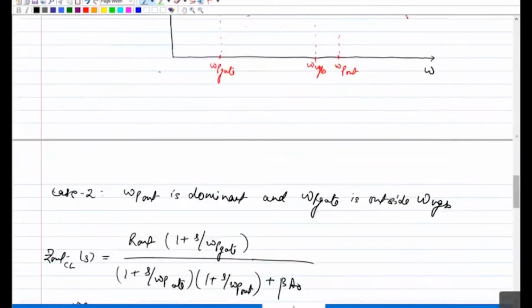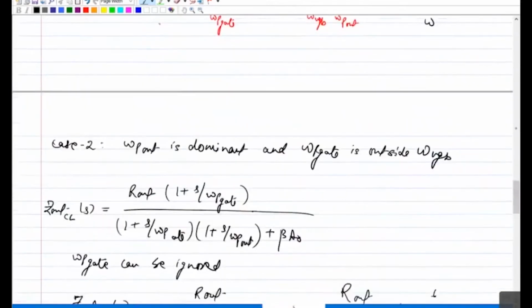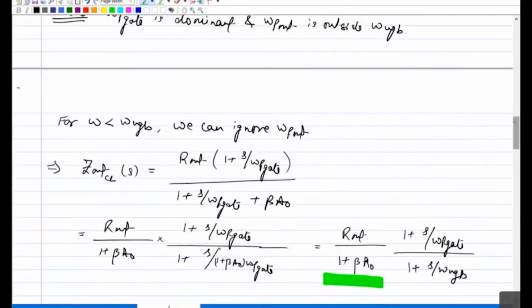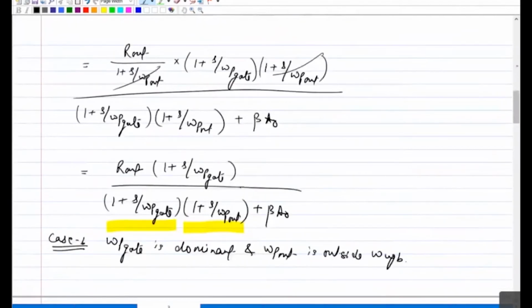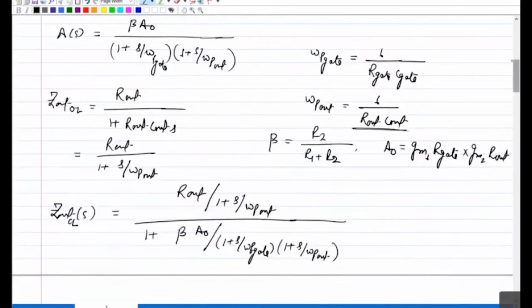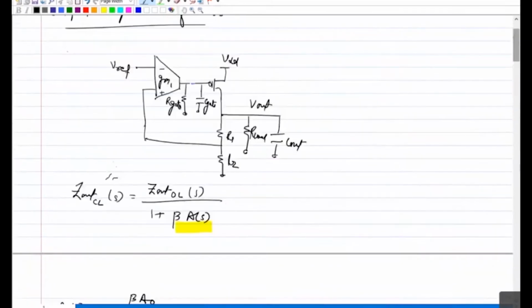So now you have your circuit, and let me copy this.